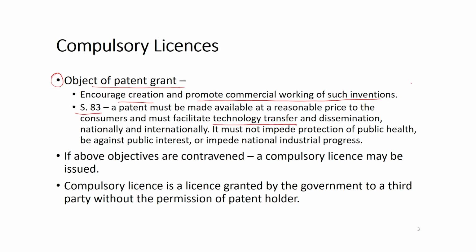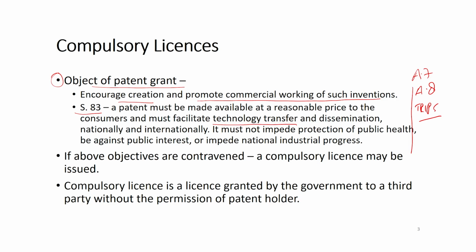I can compare the whole of it with Articles 7 and 8 of the TRIPS agreement, if you recall. Patent protection must encourage creation. Patent protection must also promote dissemination of knowledge, commercial working of the invention. Technology transfer must be done on mutually agreed terms.